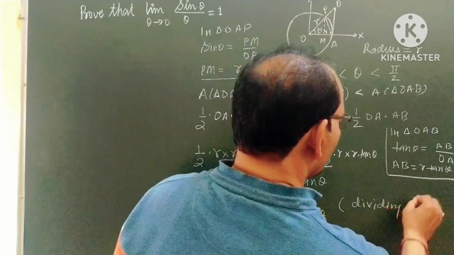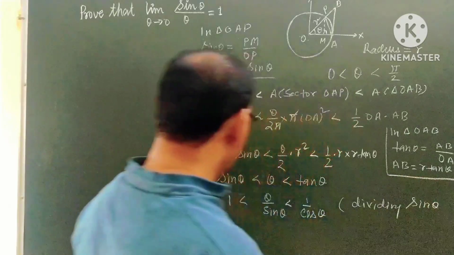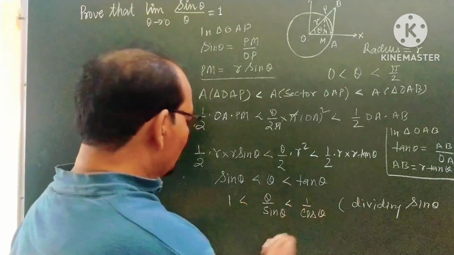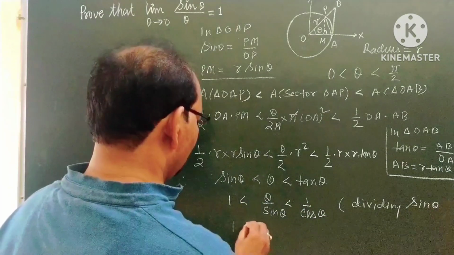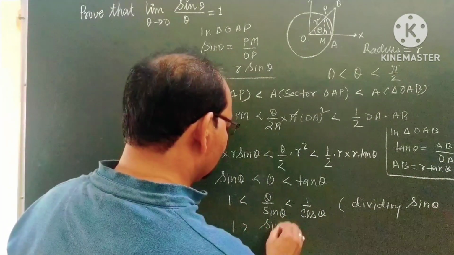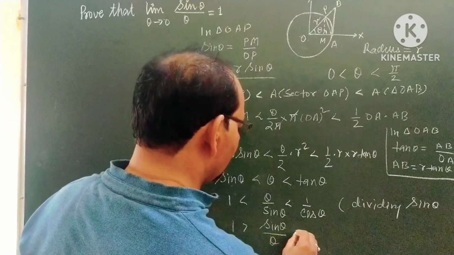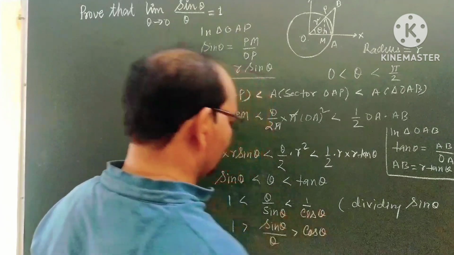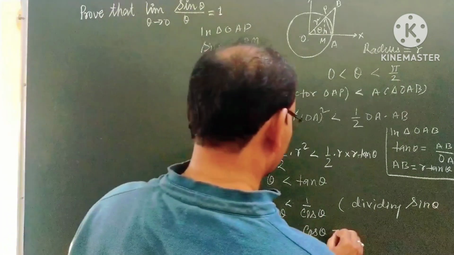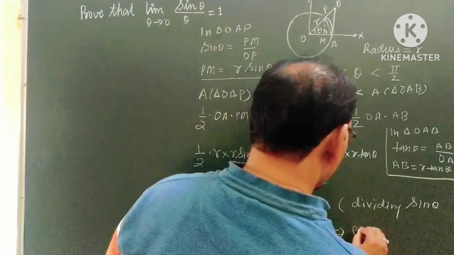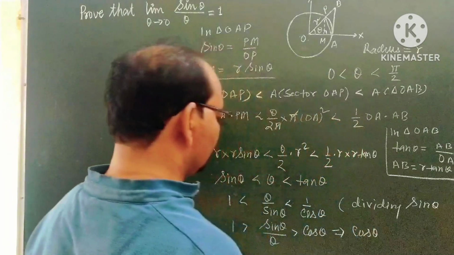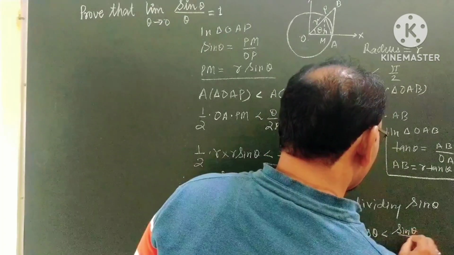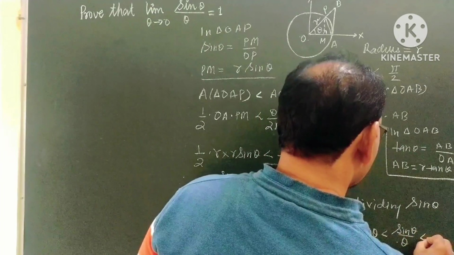If you take invertendo, there will be 1 greater than sin theta upon theta greater than cos theta, or we write as cos theta less than sin theta by theta less than 1.